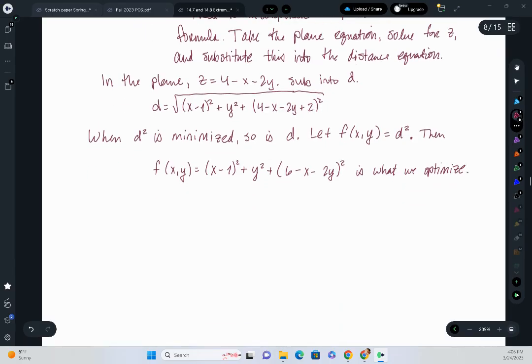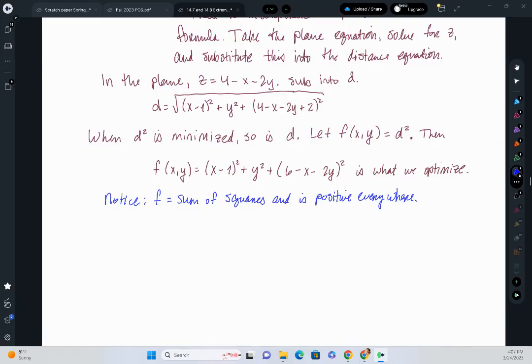Okay? So this is a positive function. Notice that f of x, y is a sum of squares, so there's no way to get a negative number from that. Also notice, let me just write that real quick, f equals a sum of squares and is positive everywhere. Also notice, if x was equal to 1 and y was equal to 0, we'd have really small values.